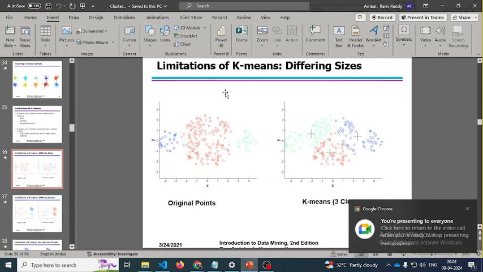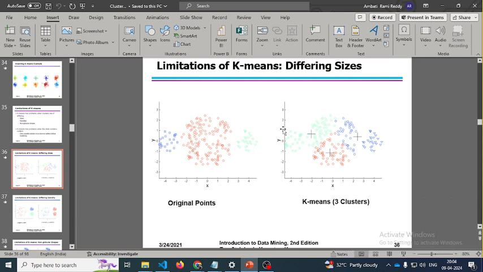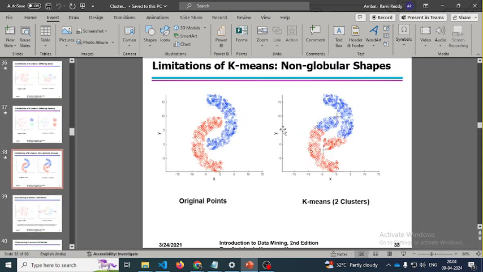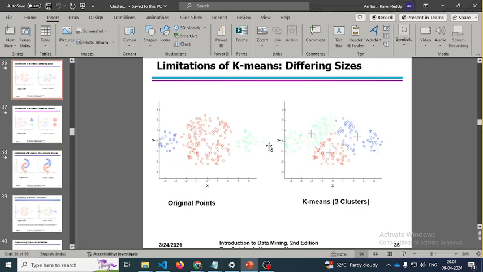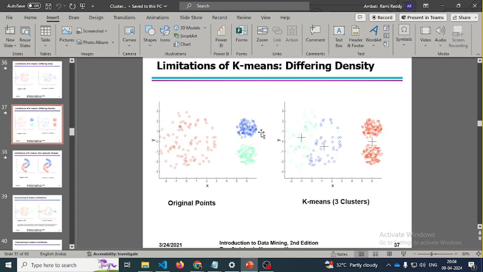These are the limitations: different sizes of clusters, different densities, and non-globular shapes. See, these are clusters of different sizes: one cluster size, another cluster size, another. Another issue is differing densities.